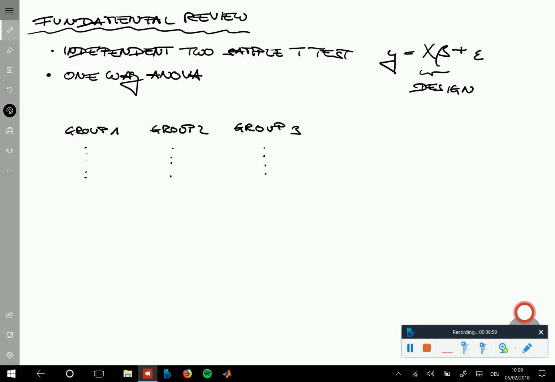So in your clinical scans, have you encountered these kinds of between-subject group designs? Can you name an example from your clinical scans where you looked at a group design?